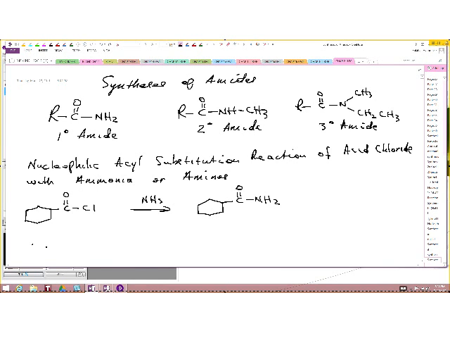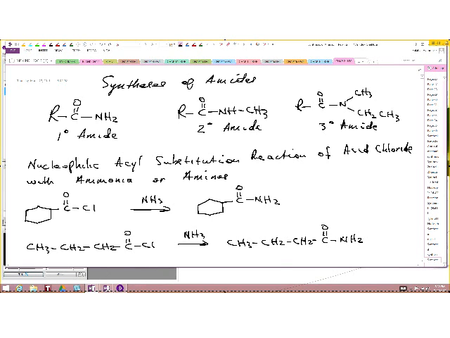It can also react with this butanoic chloride to get this amide.